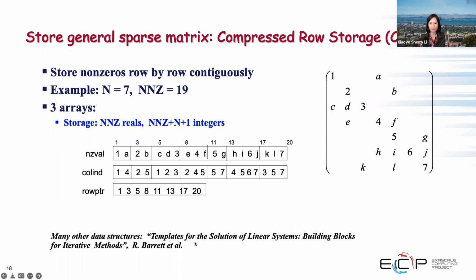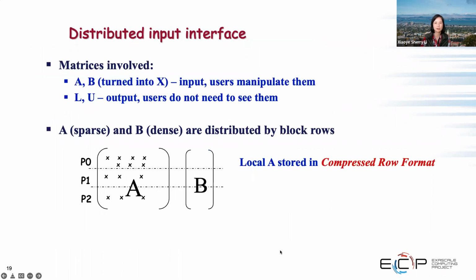And if you look at this templates book for linear systems, there are a lot of different storage representations. Now let's see what you do with the sparse case. At least from the user input point of view, you can do the same thing. Let's say you have 3 matrices. Then for a lot of packages like PETSc, our direct solvers, Trilinos, we all support this kind of distributed compressed row storage.